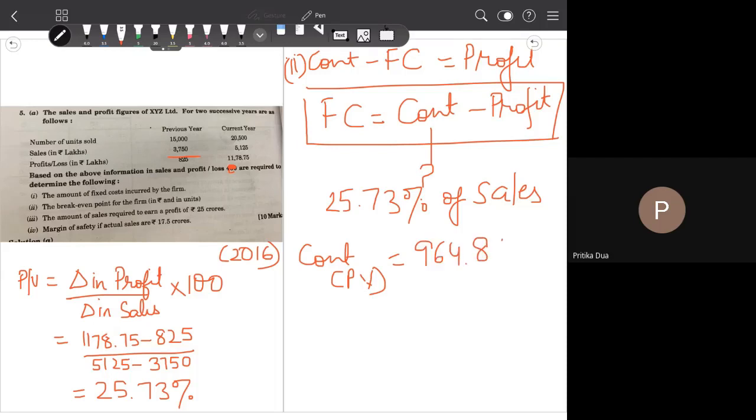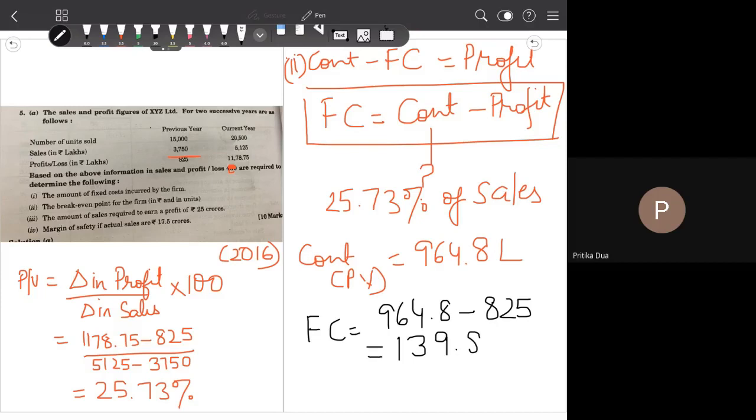964.8 lakhs. Now you can calculate the fixed cost. The value of profit is given to you. So fixed cost will be 964.8 minus 825, which will come to 139.8 lakhs. Seven is coming after that, so please write it to 2 decimal places. You can also take up to 3, which is actually the best practice we follow.